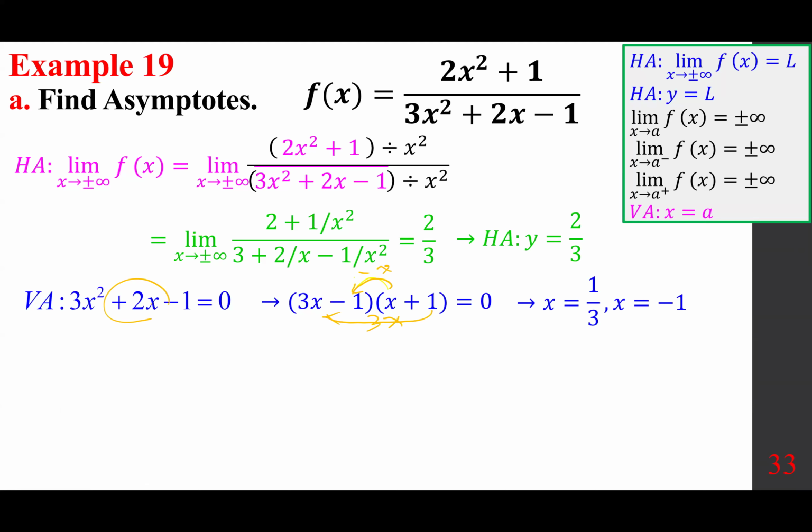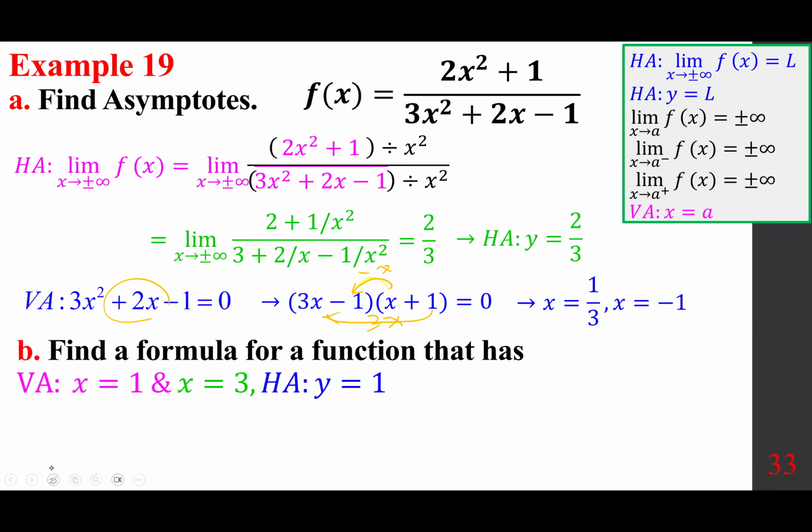Now we want to find a formula for a function that has a VA, vertical asymptote, x equals 1, x equals 3, horizontal asymptote, y equals 1. So let's see how we do that.